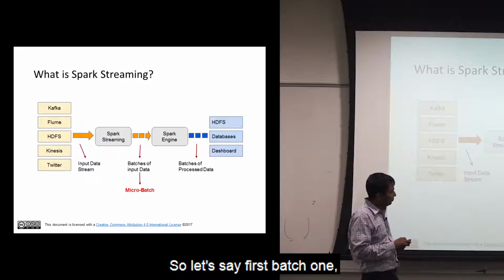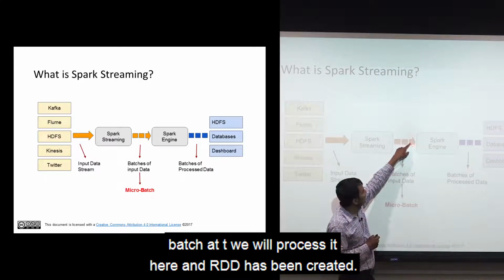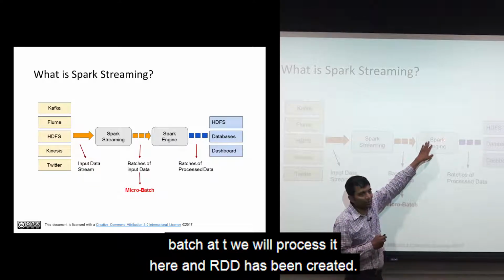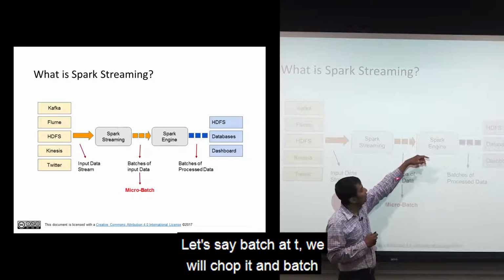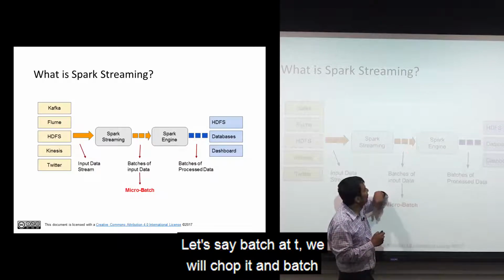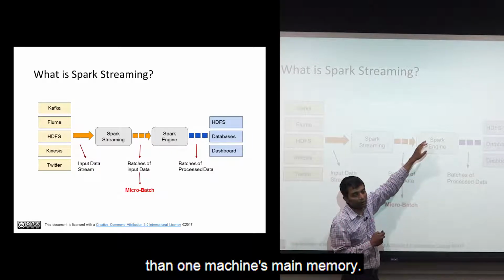So let's say the batch at T will be processed here, and an RDD has been created. That batch at T will be replicated into more than one machine's main memory.